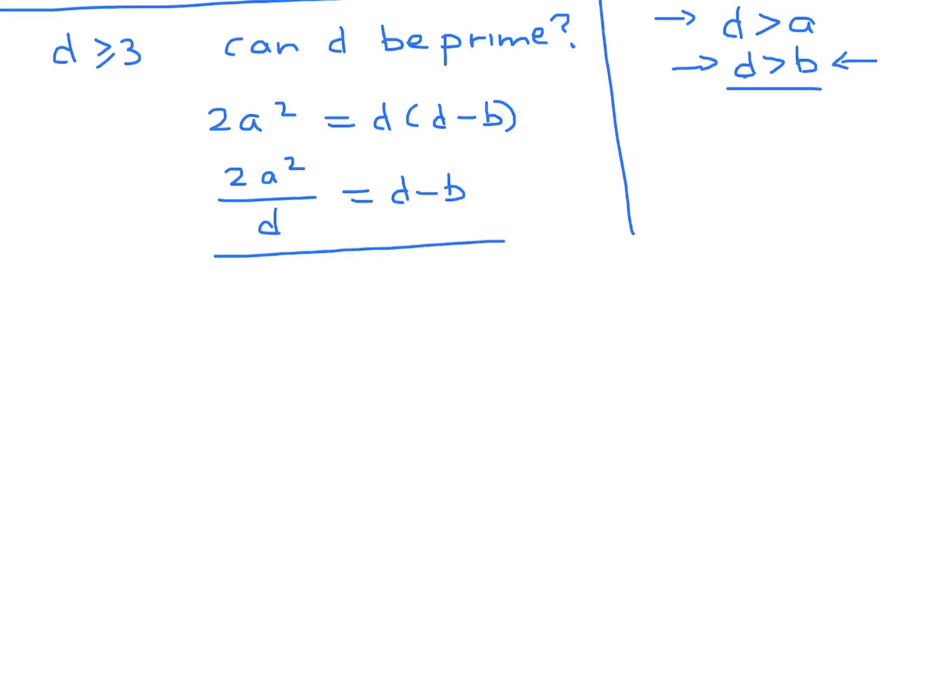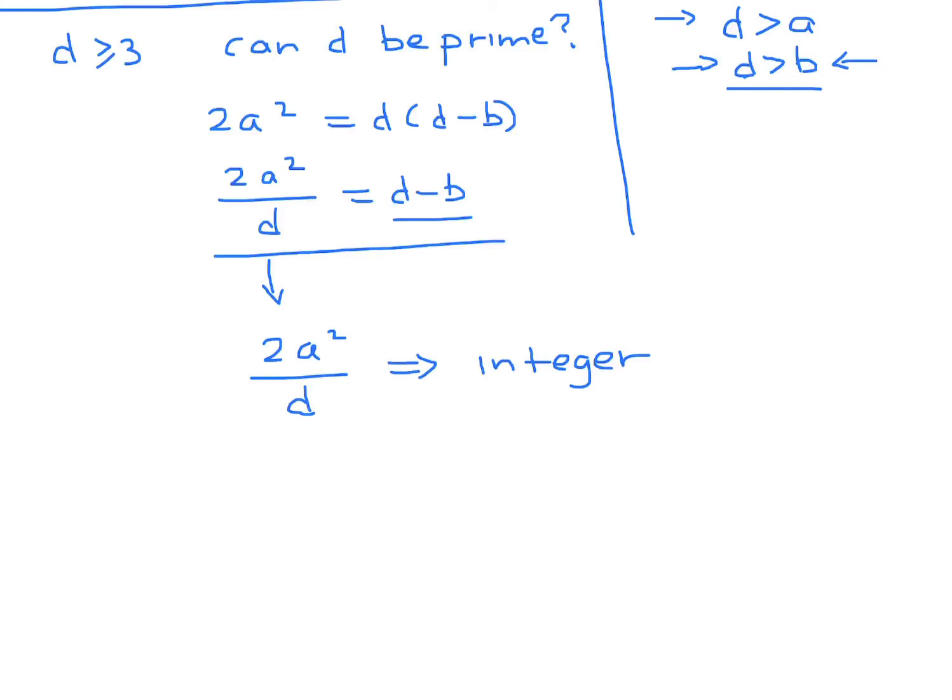Now we need to look at this equation because that's all we have. We have nothing else. So this part of the equation, 2A squared over D, has to be an integer. Why? Because it equals D minus B, and both D and B are integers. So if you're subtracting one integer from the other, the result will be an integer. So this part will have to be an integer.